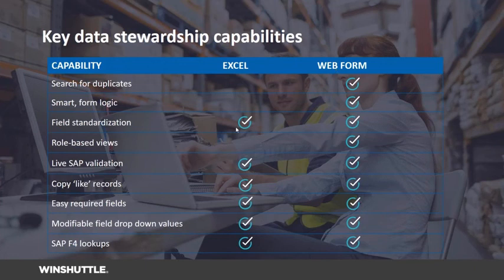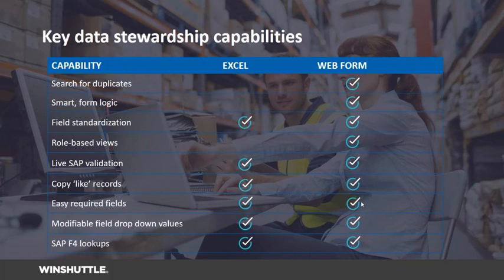Field standardization, so we can do that in both, and we saw that. Role-based views, that's what I showed you in the form where different people see different things. Live SAP validation, you can do both, we saw that. Copy and like records, so I can query records using the form or the Excel, and then I can copy that and then change the relevant data to create a new record, for example. I can require fields even if they're not required in SAP.